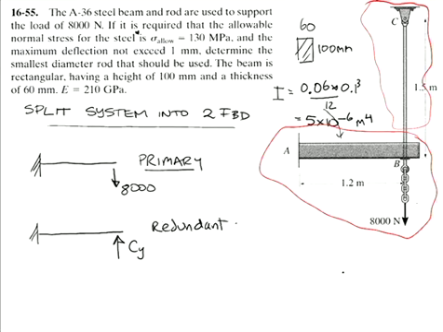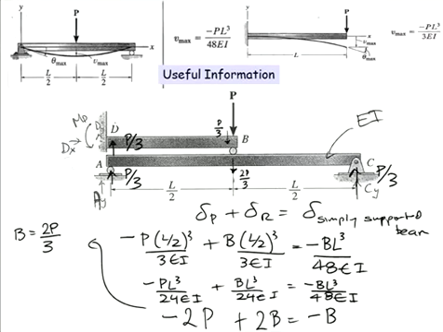And as in this previous problem, let's go back to this problem here. Remember we said the primary plus the redundant is equal to the deflection provided by the beam support.